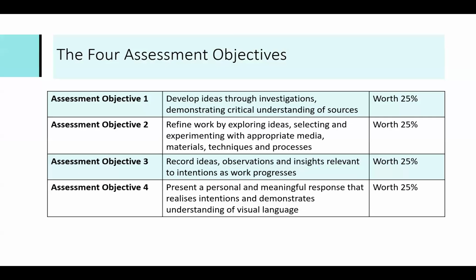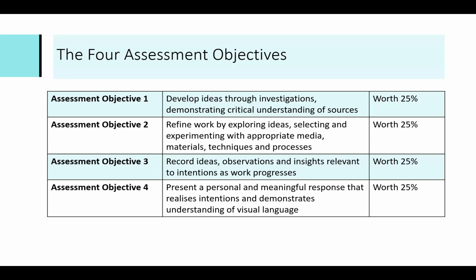Assessment objectives. As you can see, each assessment objective is equally weighted with 25%. This is the same for both components. Assessment objective 1 is developing ideas through investigations demonstrating critical understanding of sources. Assessment objective 2 is refining work by exploring ideas, selecting and experimenting with appropriate media, materials, techniques, and processes.